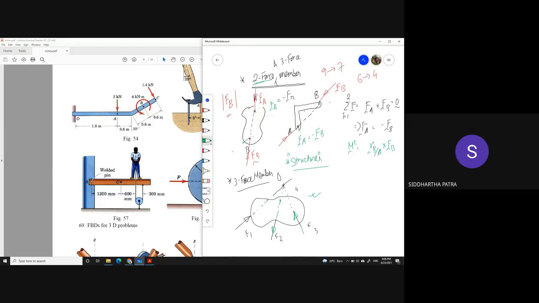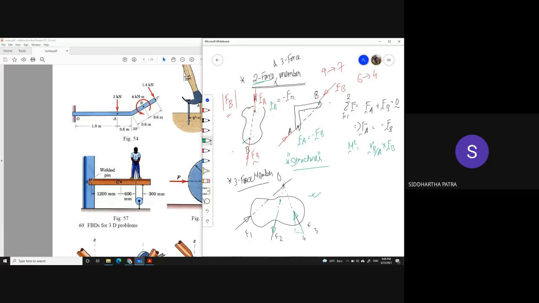In this problem, let's say for the third force, you already know the direction. So it's the magnitude of the third force, maybe a reaction force. Let's say you're looking for a reaction force which has two components, and you know the ratio of the two components.